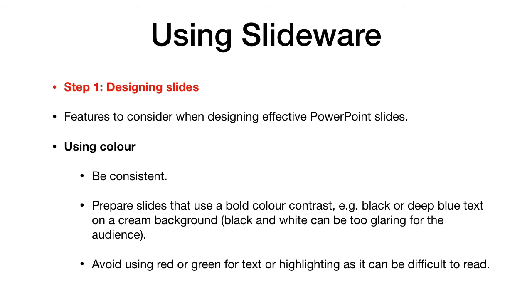Next, avoid using red or green for text or highlighting, as it can be difficult to read. Exactly, right? Using red or green for text is not easy to read, except, you're gonna see that I also use the red color, but I use it only with the topic.